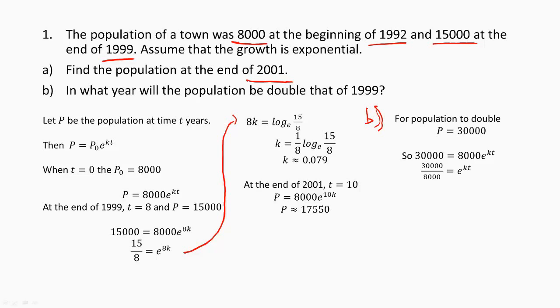So 30,000 over 8,000 becomes 15 over 4. Use logarithms to get kt by itself. Then get t by itself. Then we substitute our values in. t equals 16.73 using our calculator. So the population will double in the 17th year.